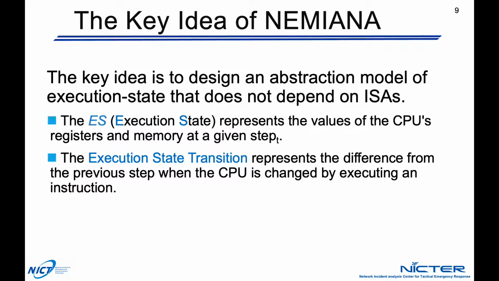The ES represents the values of CPU registers and memory at a given step T. The second is the model of execution transition. The execution state transition represents the difference in the execution state since the previous execution state. Next, I will explain these two models in more detail.